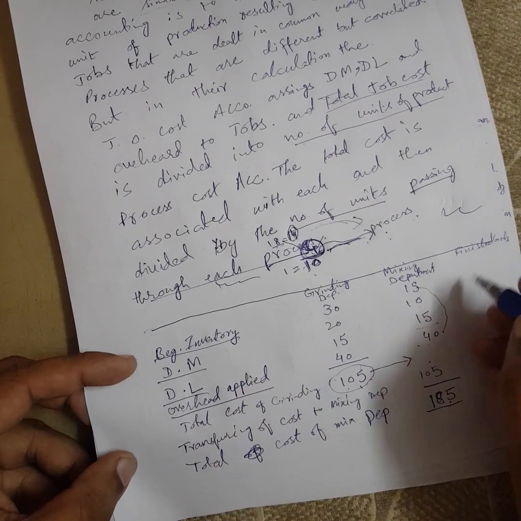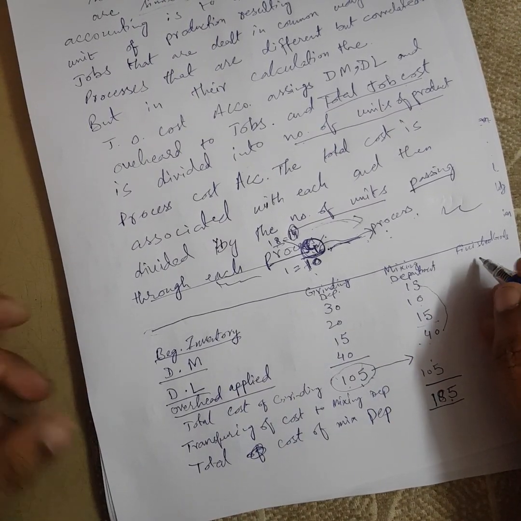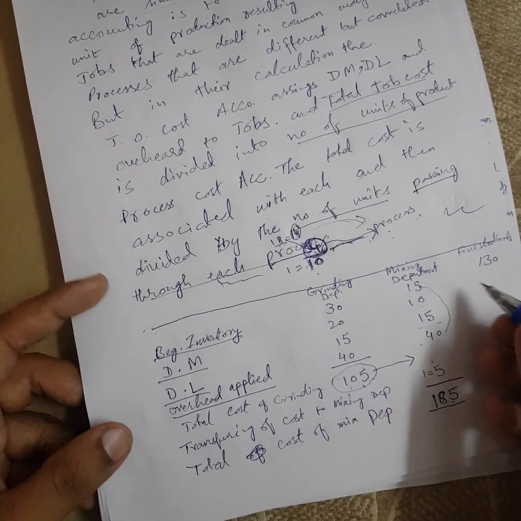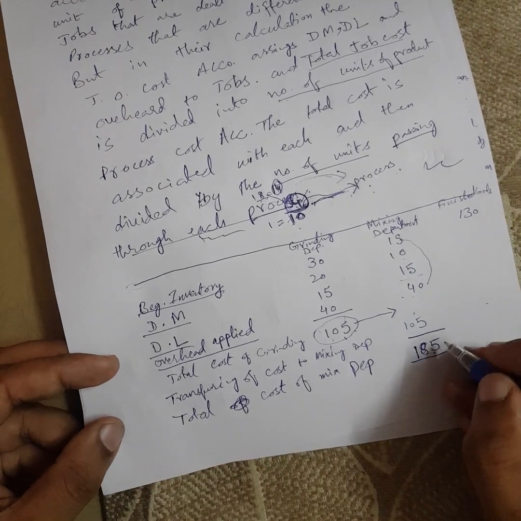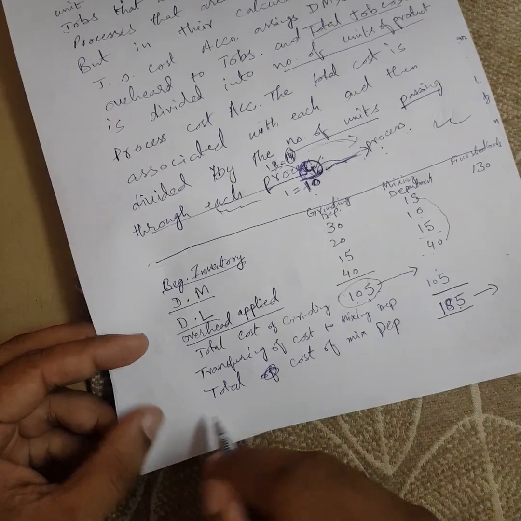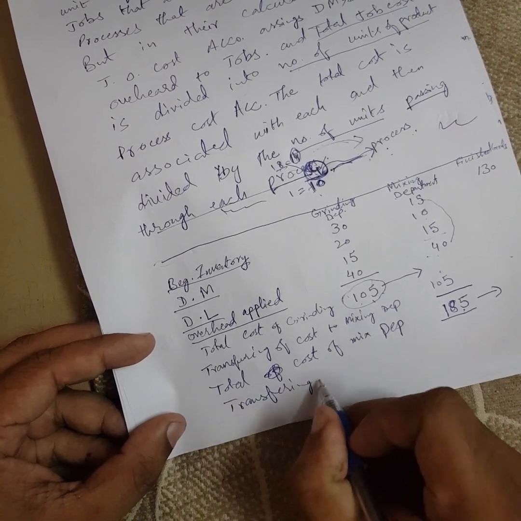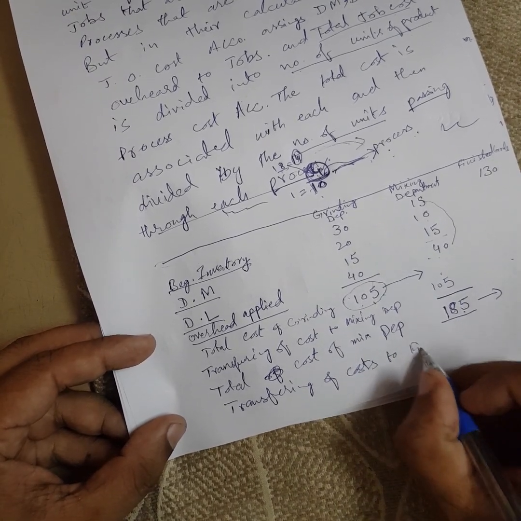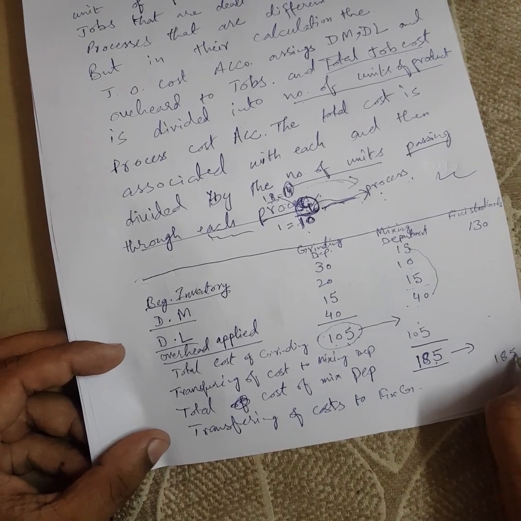Then if we say there are some finished goods already there, like of 130 rupees cost finished goods were there. Now we will transfer this cost, the transferring of costs to finished goods, 185.